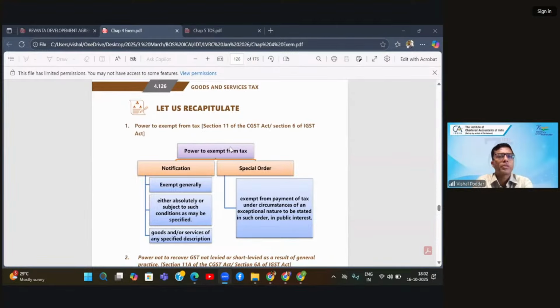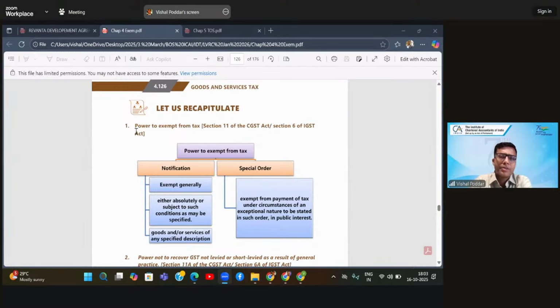Exemptions or exempt supplies are those which are very well part of the charging section. So on these transactions, GST is leviable, but because of exemption, GST is not payable. So that is the difference. Interestingly, secondly, when we say these are all covered in levy, what is the impact?